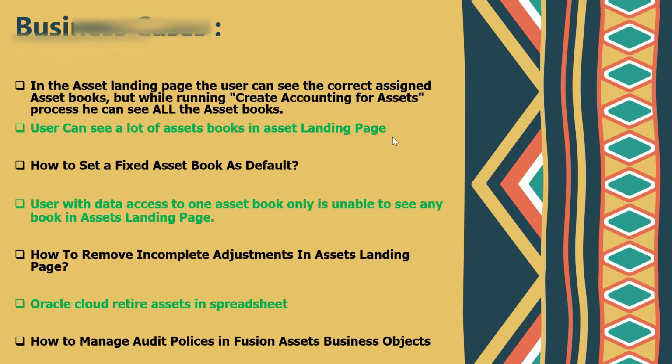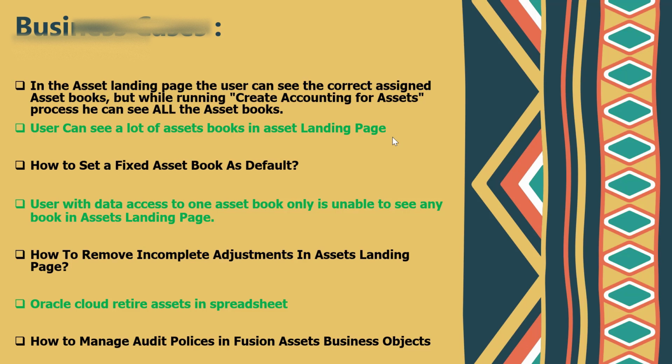In my business case here, I will talk about the assets location. Who created the assets locations? So first we need to set up the audit policies for the attribute of the assets location. Then we will run the audit policy to check who created the assets location, created by, and the created date, and all of these things.